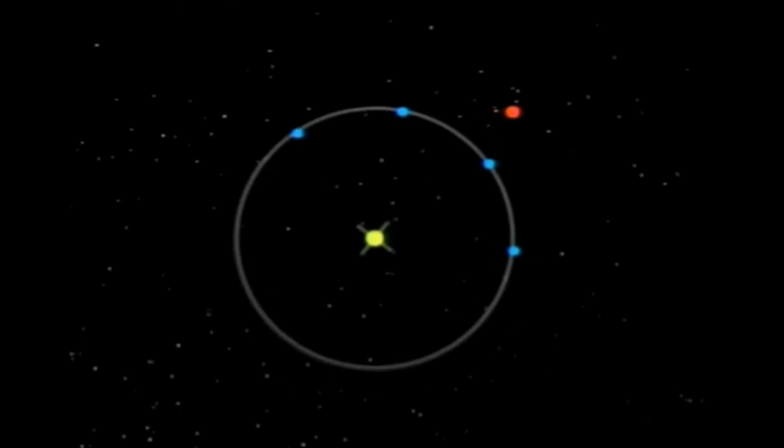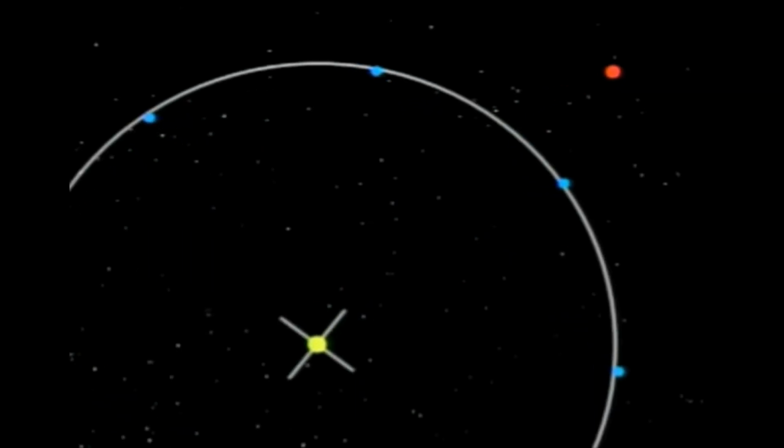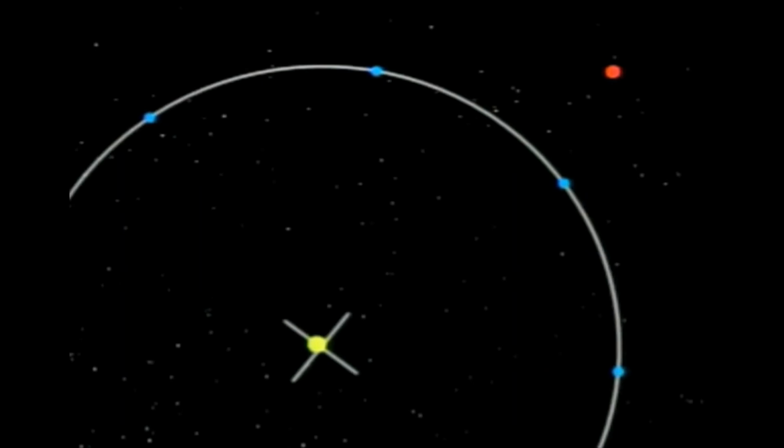By finding a circle, even though it wasn't quite centered on the sun, Kepler had taken a step in the right direction. So now, once again, he attacked the problem of Mars.